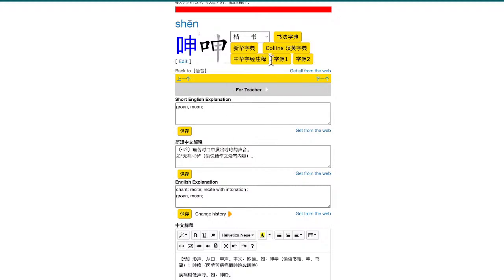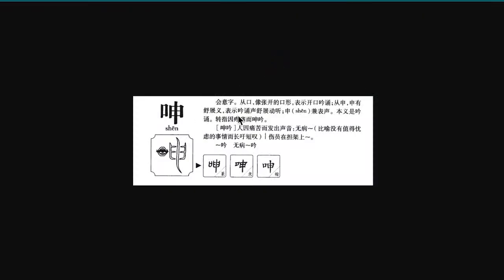Okay. So let's take a look at the character. So the right hand side is the character 申. Now this 申 has the meaning of extend, expand, reach out. So why reach out, expand, extend?